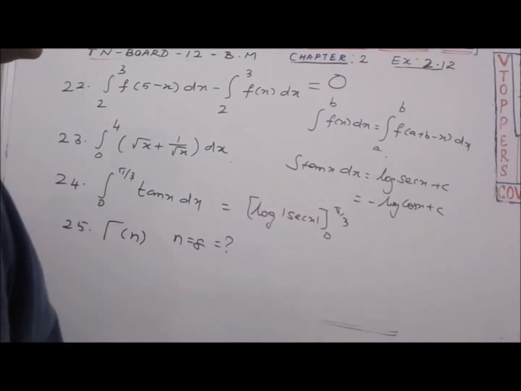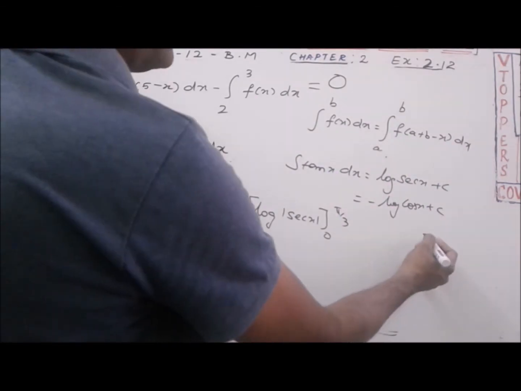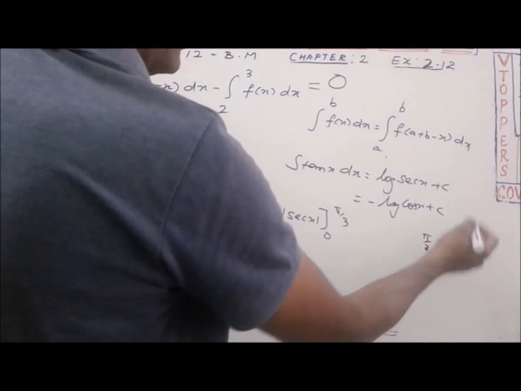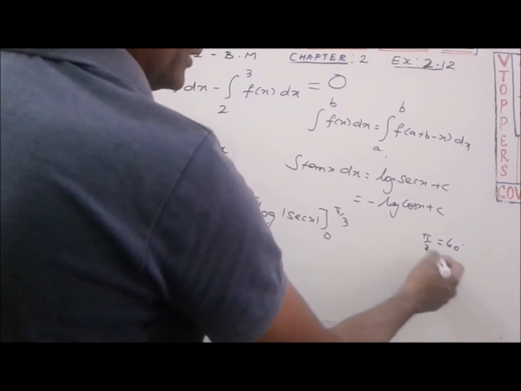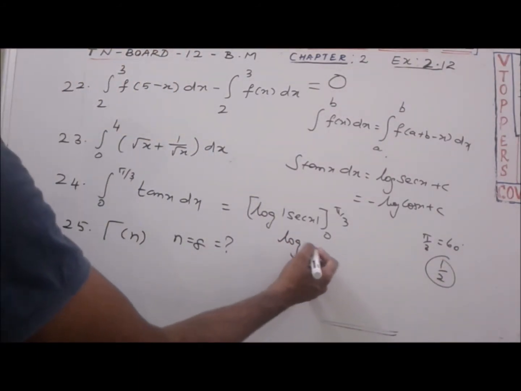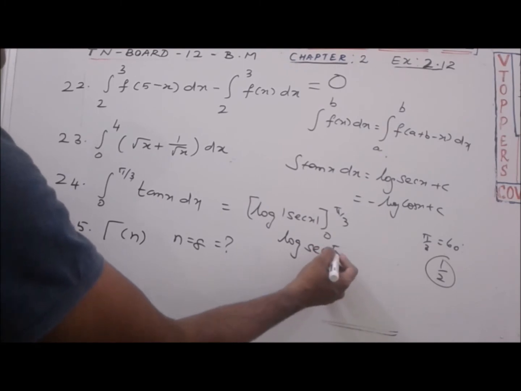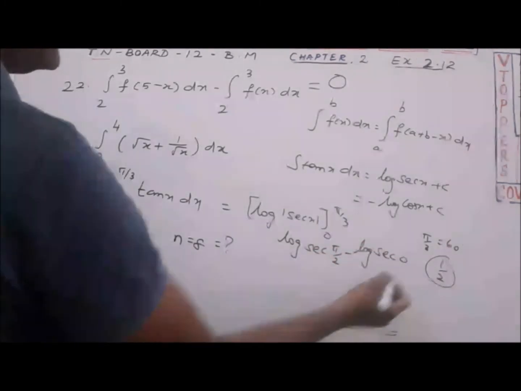Then substituting secant pi by 3, that is pi by 3 means 60. So secant 60. Now cos 60 is 1 by 2, so secant 60 is 2. That is equal to log of secant pi by 3 minus log of secant 0.